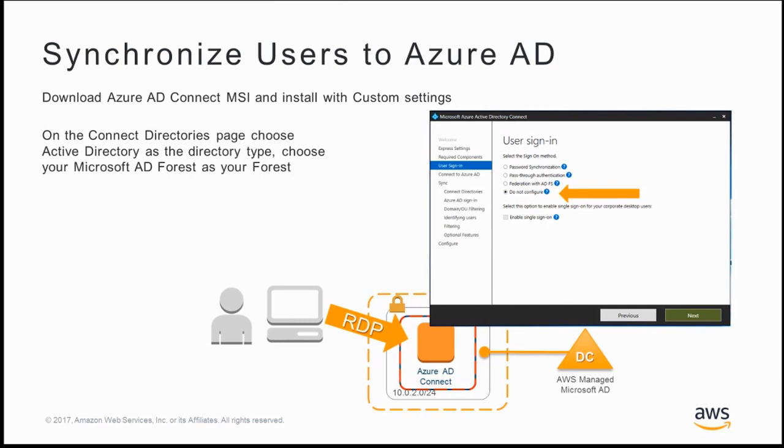Then on the following pages, on the Connect Directories page, you'll choose Active Directory as the directory type and choose the Microsoft AD forest as your forest. Then you'll enter your AWS Microsoft AD admin credentials again to authenticate into the directory.